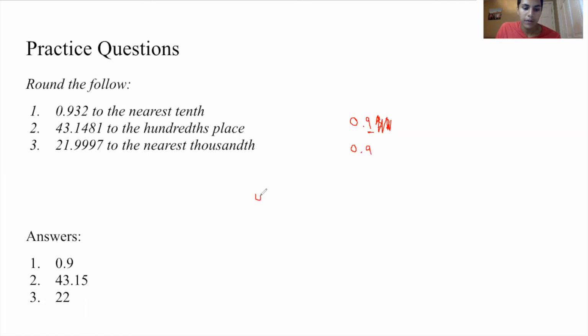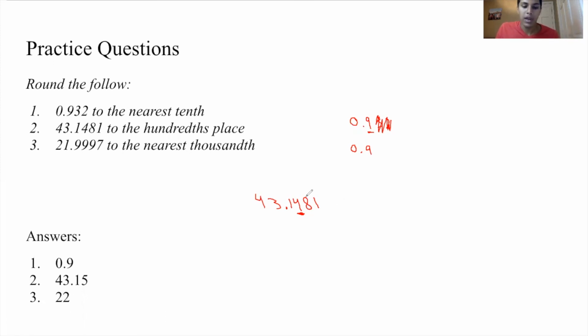For the next one, 43.1481, we're rounding this to the nearest hundredths place. So the hundredths place is where this 4 is, so let's underline it. And we use this 8, the digit to the right, to determine, do we round up or do we round down? Now, since the 8 is 5 or above, it's on the upper side of the spectrum, we're going to round up.